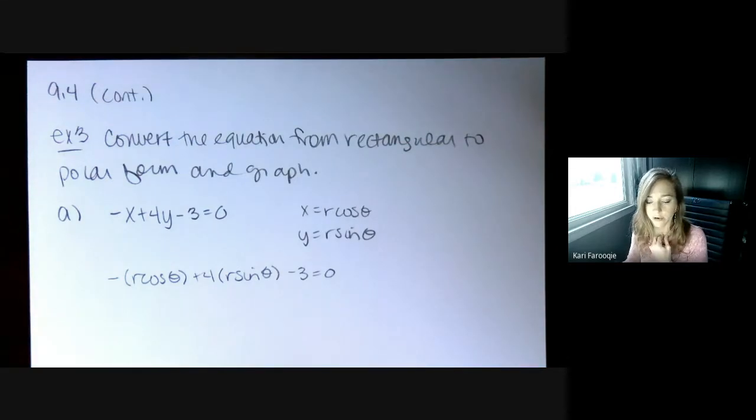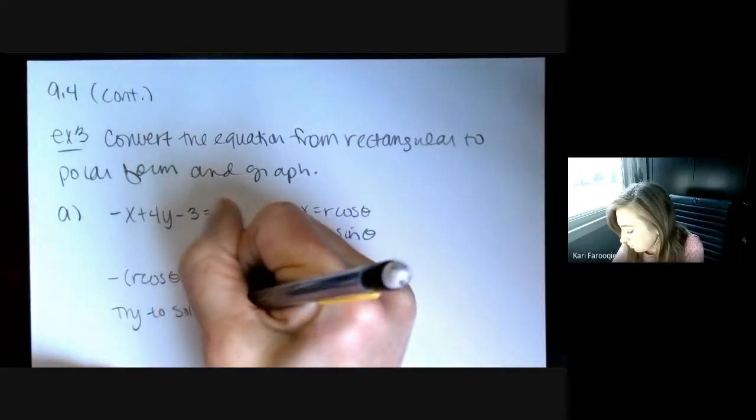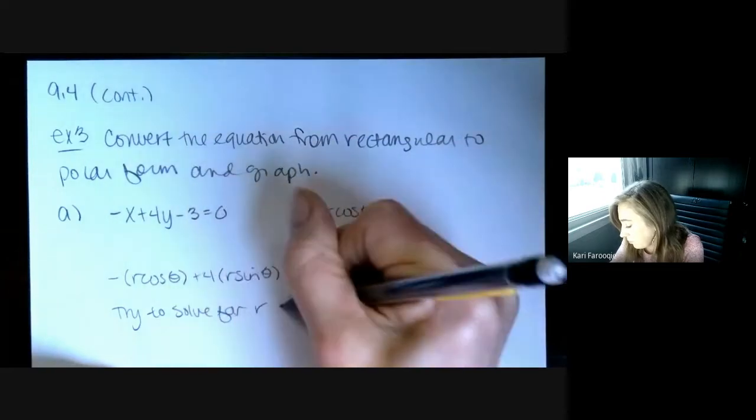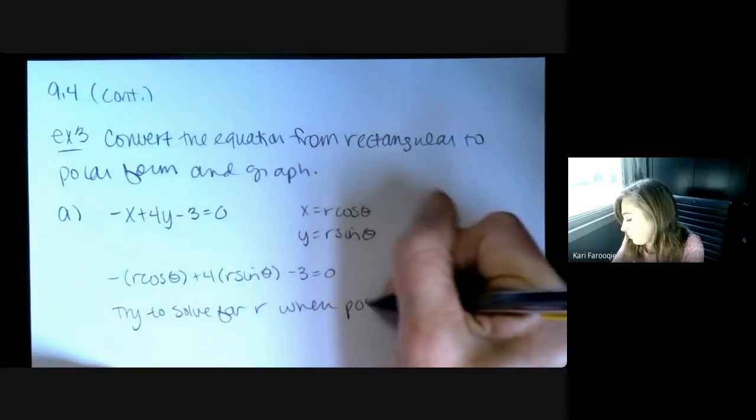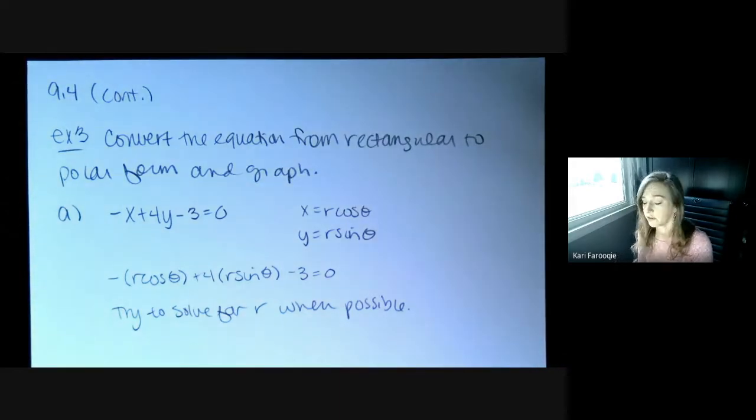Now, we're not always going to get these exactly in the form we like. Technically, at this point, it's been converted. Normally, we try to solve for r if we can. The reason we do that is because when we're graphing these in our calculators, and I'm going to show you how to do that in a minute, our calculators in polar mode are going to be expecting the form r equals.